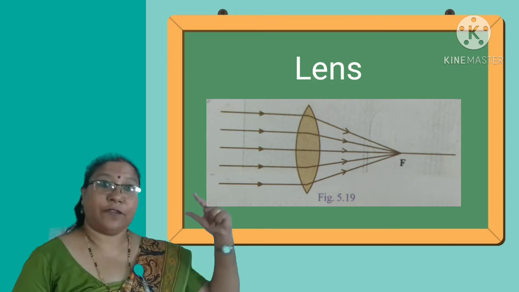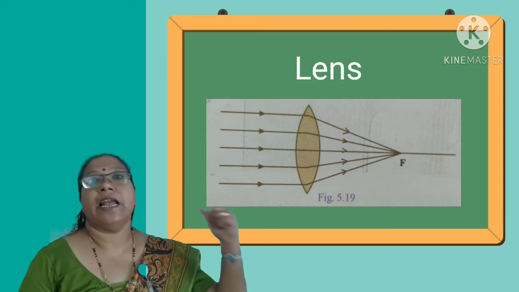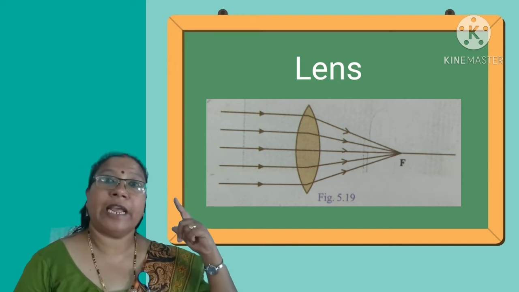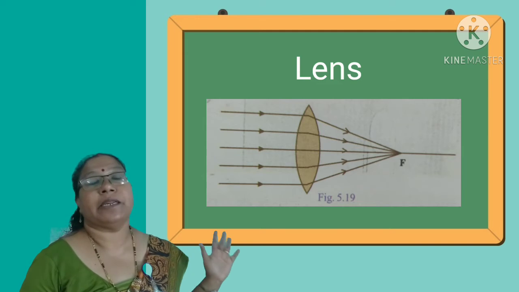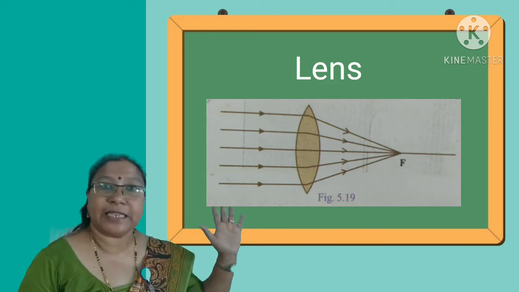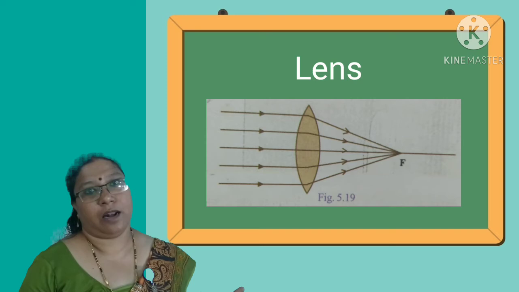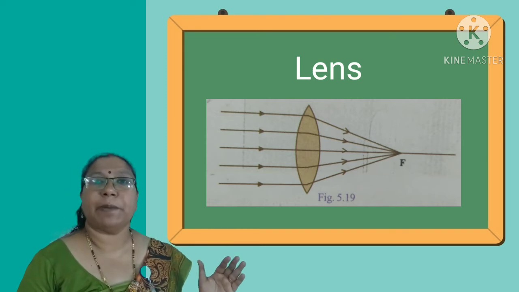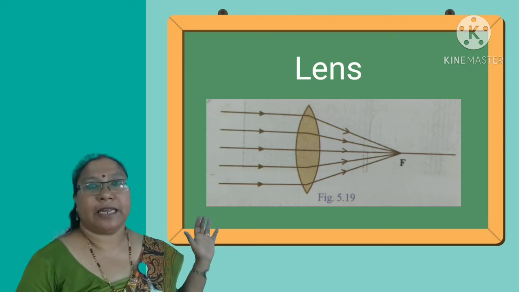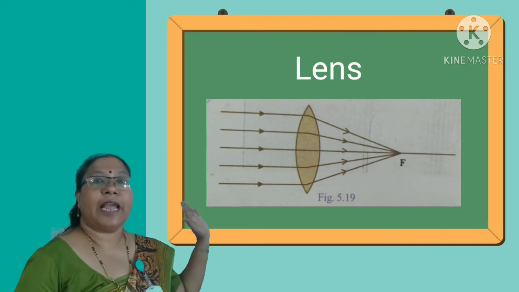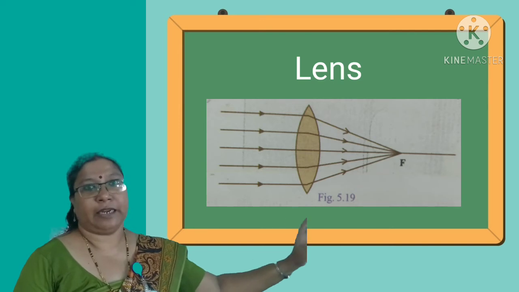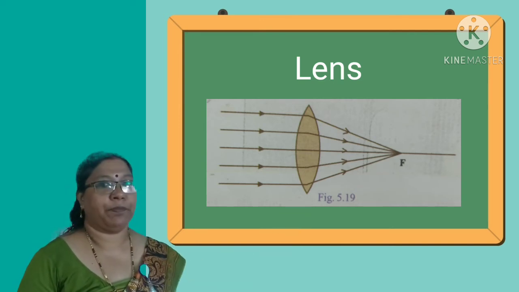Understood? In the case of mirrors, we have studied that the principal focus of a concave mirror is real, and in the case of a lens, the principal focus of a convex lens is real. So how many principal focus will a lens have? See, in this figure, the parallel rays of light are coming from this side. They converge at a point on the other side. So one focus you will get there.